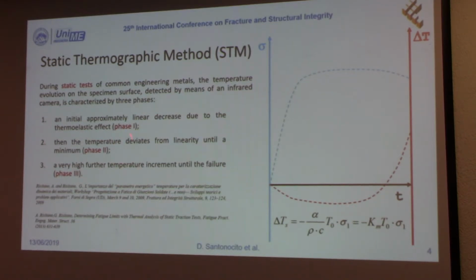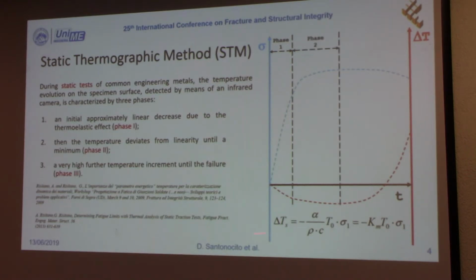Another improvement in the thermographic methodologies came in 2009, when Risitano analyzed the temperature trend during a static test. And we can distinguish three phases. A first phase where there is a linear decrement in the temperature, and where we can measure the thermoelastic coefficient.